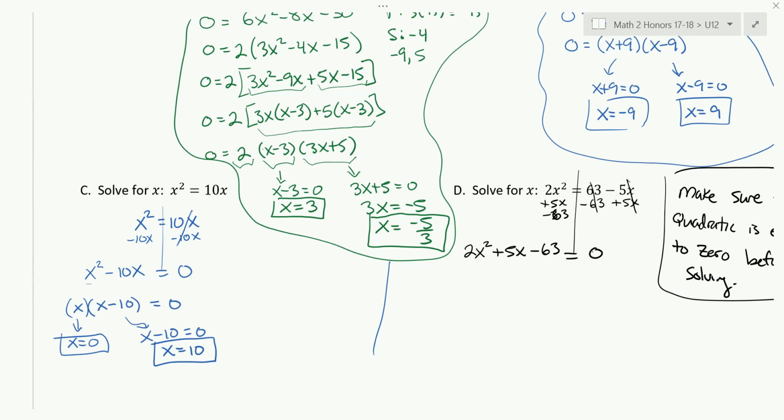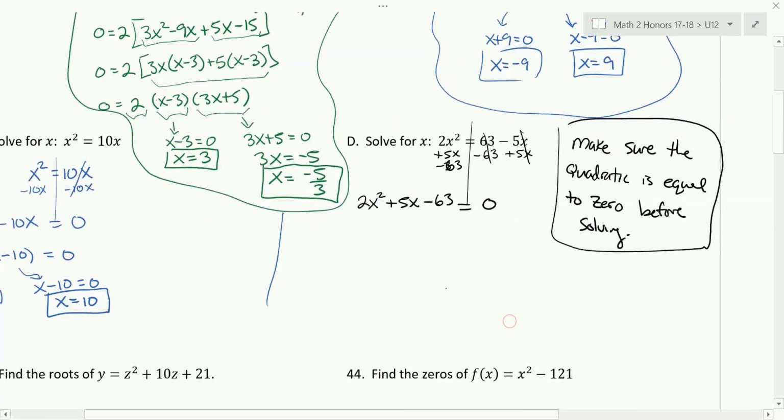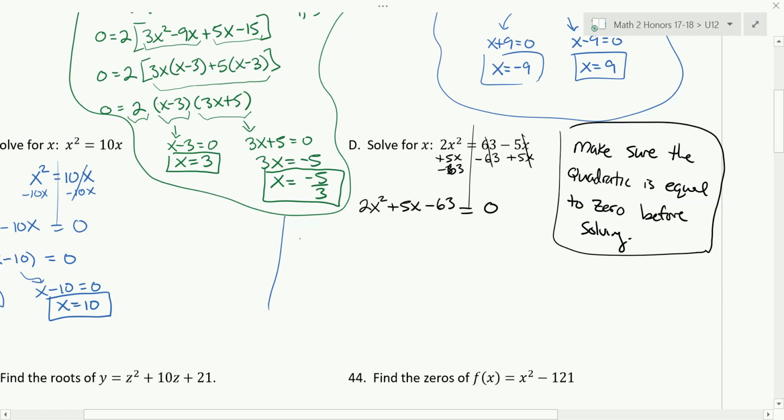Okay, so if it doesn't work, try a different method. So when you're trying to factor this, you're asking the question, can we come up with two numbers whose product is 2 times negative 63, which is negative 126, and whose sum is 5.